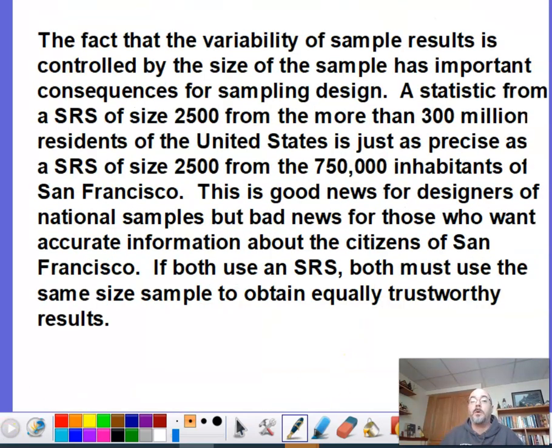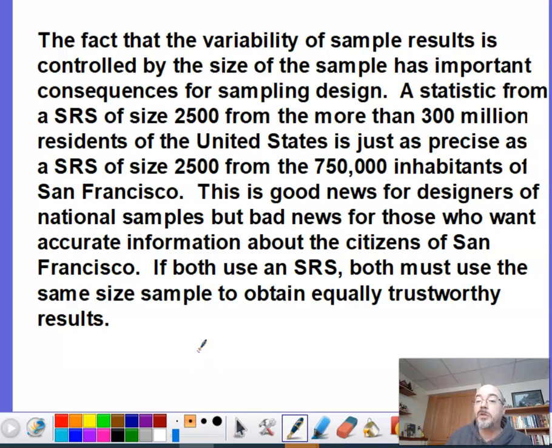It's pretty cool. The fact that the variability of sample results is controlled by the size of the sample has important consequences for sampling design. A statistic from a simple random sample of size 2,500 from the more than 300 million residents of the United States is just as precise as a simple random sample of 2,500 from the 750,000 inhabitants of San Francisco.